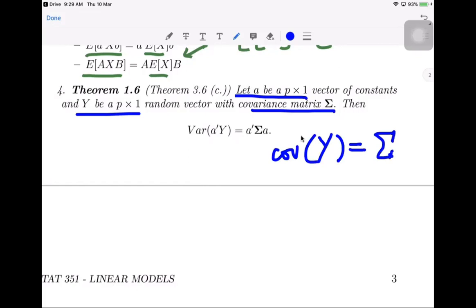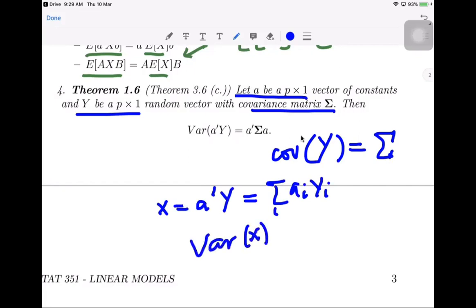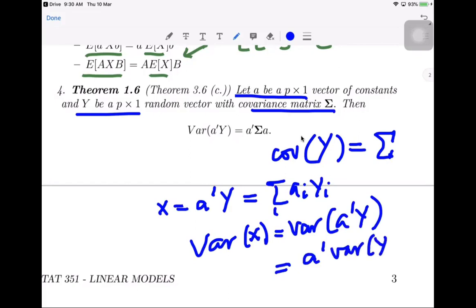So if you form a new random variable, say X, which is equal to a prime Y, you know that this is the summation of a_i y_i, no? And then if you get the variance of your X, a new random variable of the form a prime Y, then this will be equal to a prime times the variance of Y times a, or that is a prime sigma a.